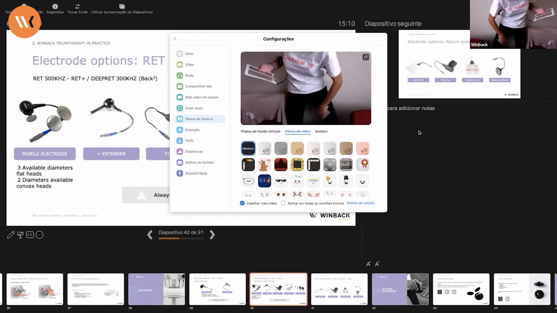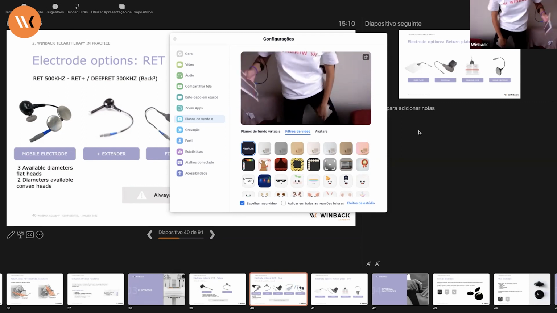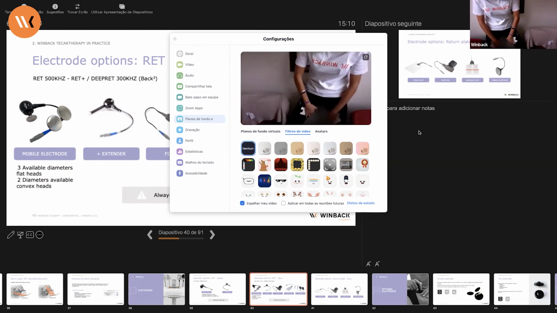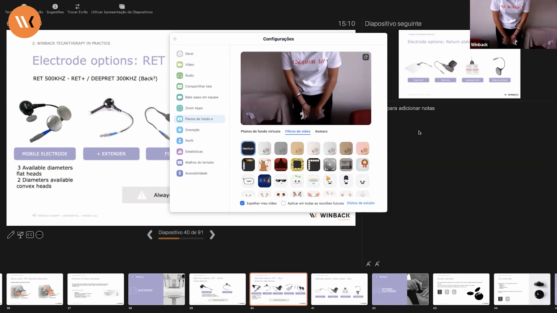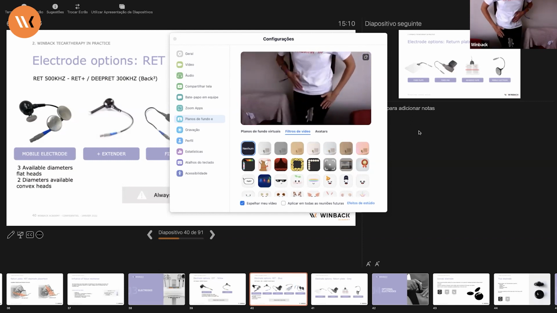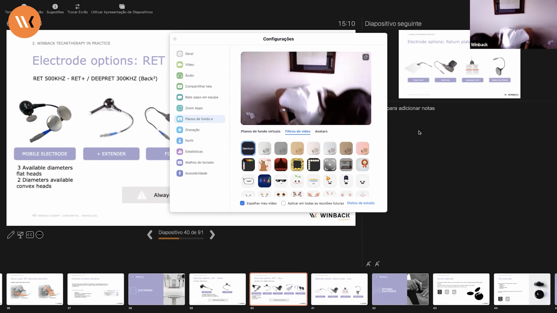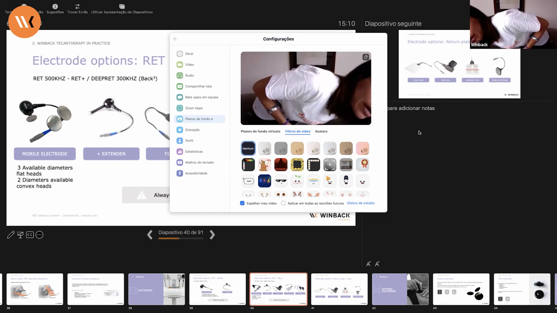You place the active electrode on one side, in the internal part, and the return plate on the other one, okay? And like that, you ensure that current passes all the way through it, okay? And like this, you'll have the analgesia of the area.